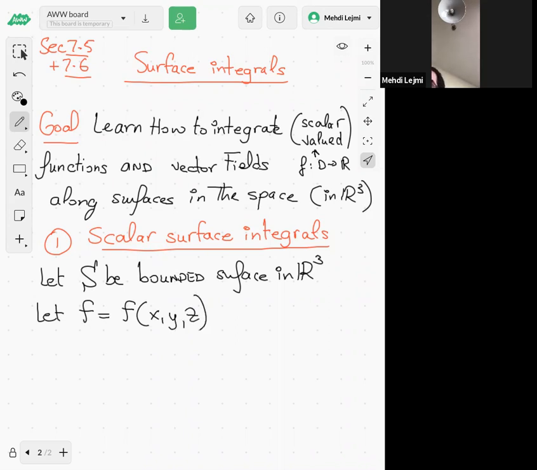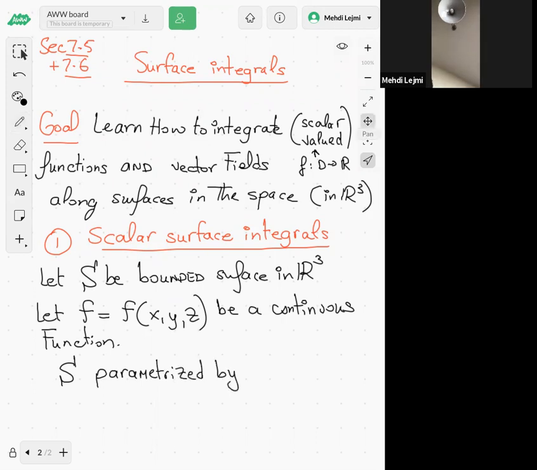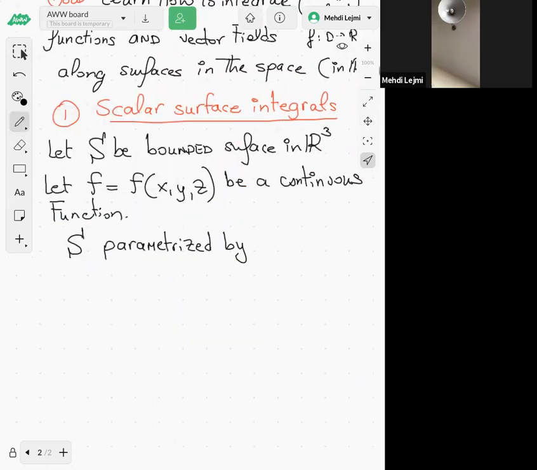We need f to be continuous, some continuous function whose domain includes, of course, the surface S. Let's say this surface S is parameterized by phi, from some region D in R2 to R3.